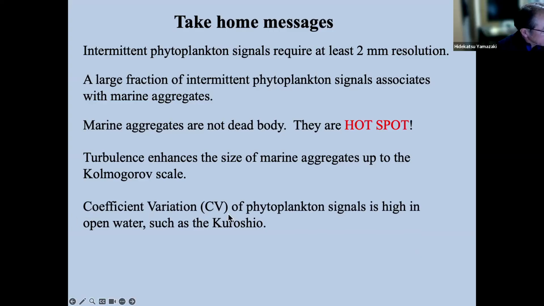And an important thing is that the variation we found in the phytoplankton signal is high in open water, such as the Kuroshio. I didn't introduce what's next. Kuroshio is well known to be oligotrophic, poor in nutrients. But from other numerical work, we found that high CV supports high diversity in the plankton ecosystem.